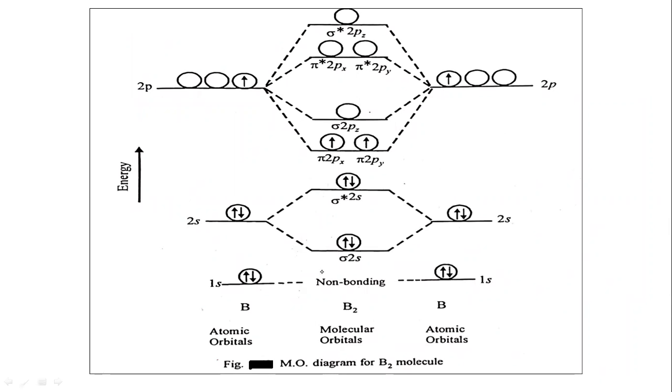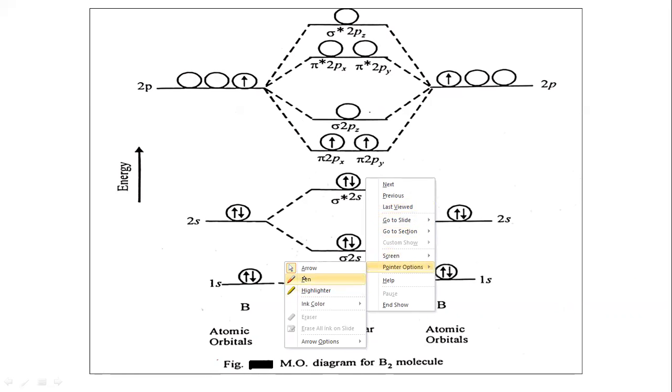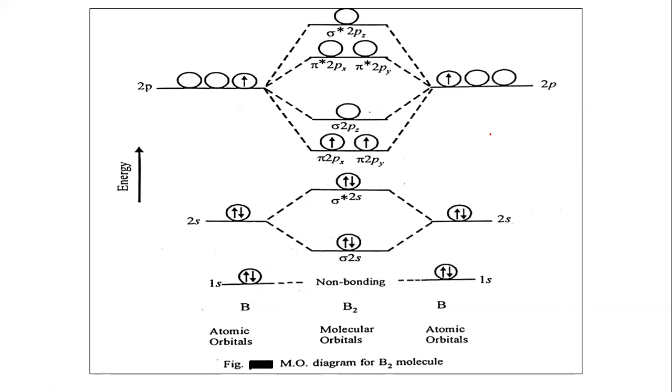So you can see here the molecular orbital diagram of the boron molecule, and that new change can be seen here. As we know, the atomic orbitals of the boron are on the left hand side, and the atomic orbitals of the boron on the right hand side. First of all, 1s, 2s, 2p. Let us write here the electronic configuration of the boron atom.